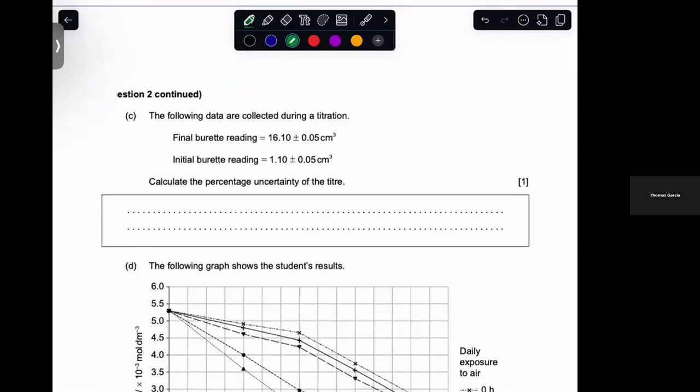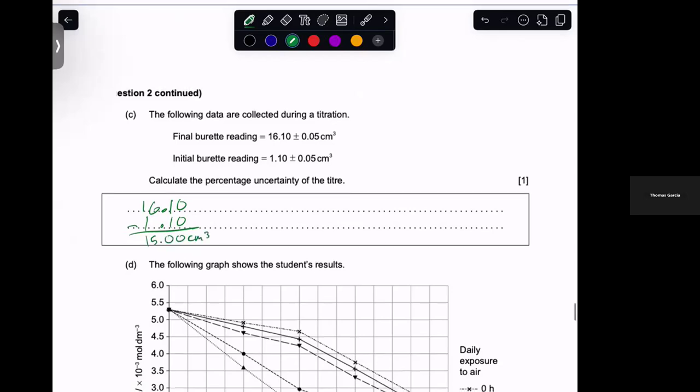All right, the following data is collected during the titration. Calculate the percent uncertainty. So first we need to know how much we actually used. What value did we use? So we're going to take final minus initial to figure out that we used 15.00 centimeters cubed.